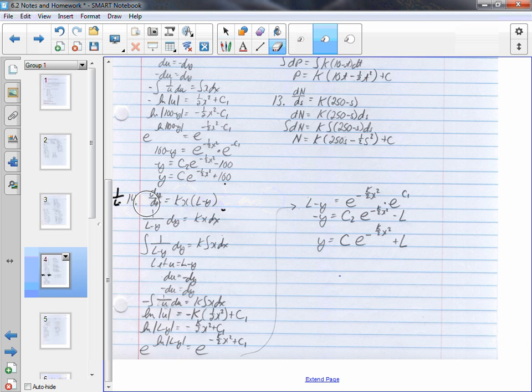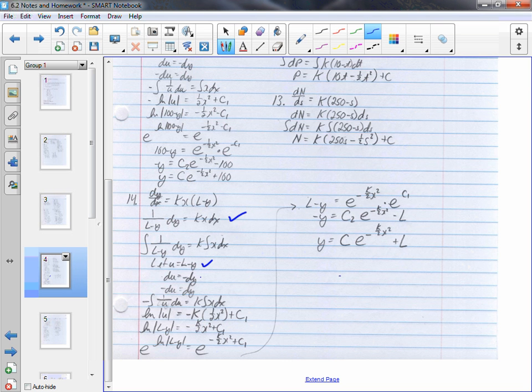In theory, at least, we can solve this. Take the integral of each side. On the right side, I went ahead and factored the k out in front. On the left side, that's going to be the natural log, but I've got to get the u work out. The thing to worry about is the sign, because when you take the derivative of L minus y, you get a negative dy. So let u equal L minus y.